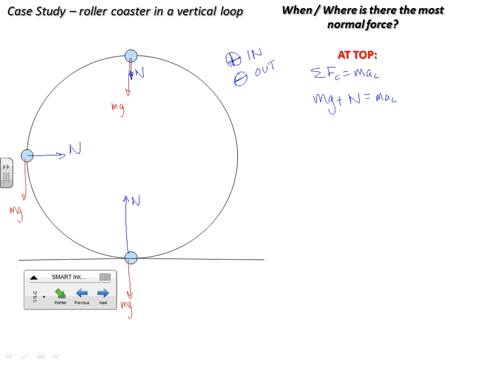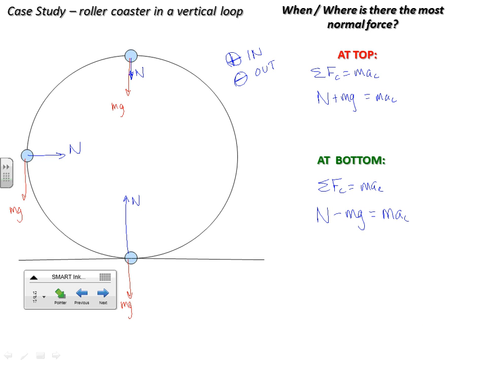We actually don't do any analysis of the object at the 9 o'clock position at the side, but top and bottom are the two places we will look. And at the bottom, if we do net FC equals mac, this is going to be N minus mg equals mac.